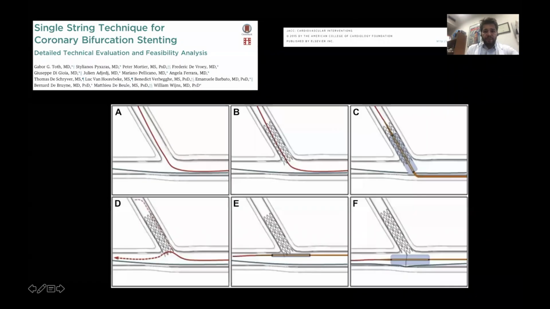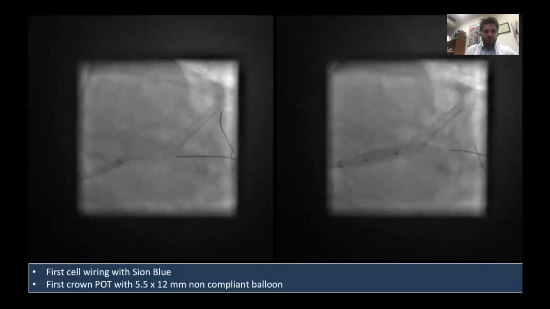And then we had memories of this article by Gabor Toth and colleagues about the string technique that was previously presented at the EBC. So that's where my previous meetings at the EBC were extremely useful for me. And although it is not a one-stent strategy, we decided to apply that to fix this protrusion.